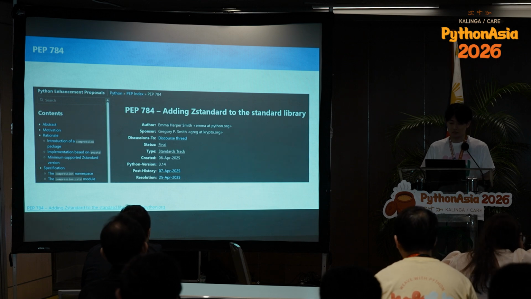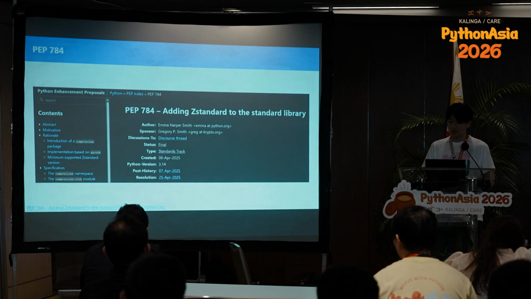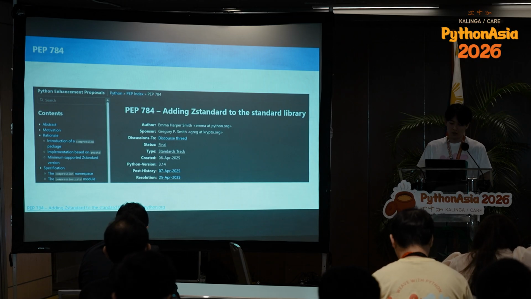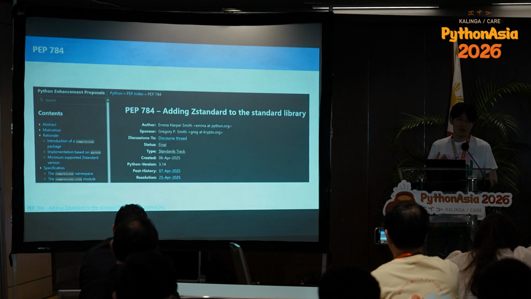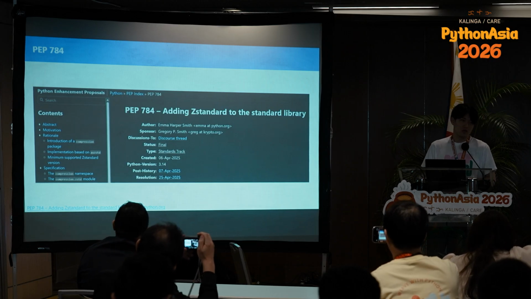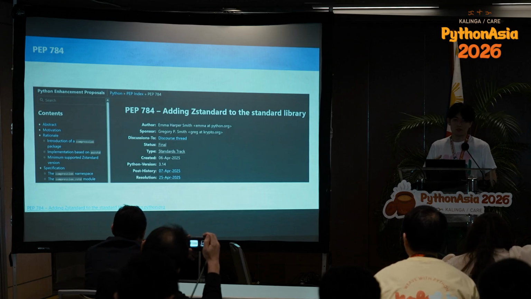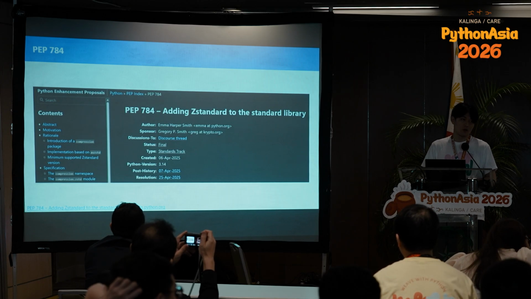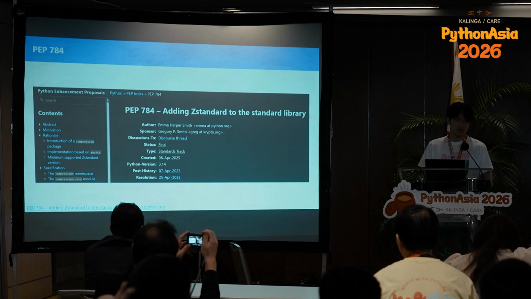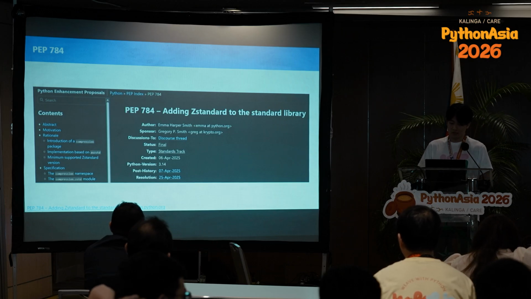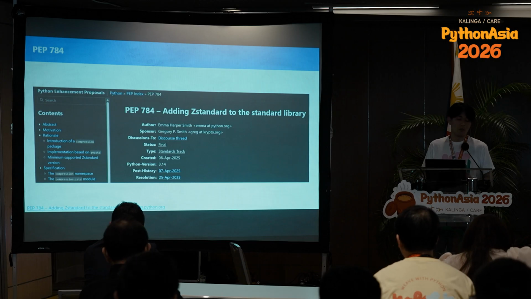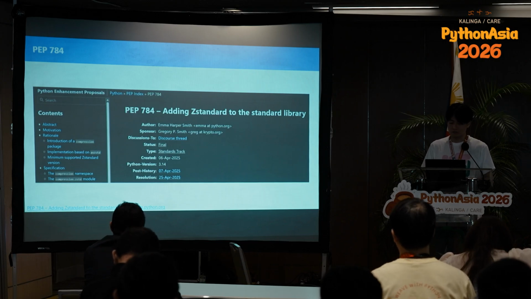It is closely related to the Python Enhancement Proposal, PEP 784. This is a proposal for Zstandard to become part of the standard library of Python in Python 3.14. Zstandard is one of the relatively new compression algorithms, which I will introduce later.